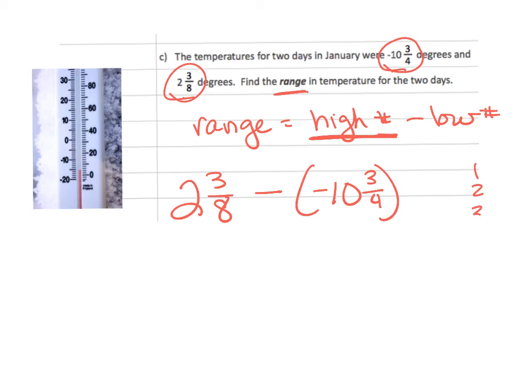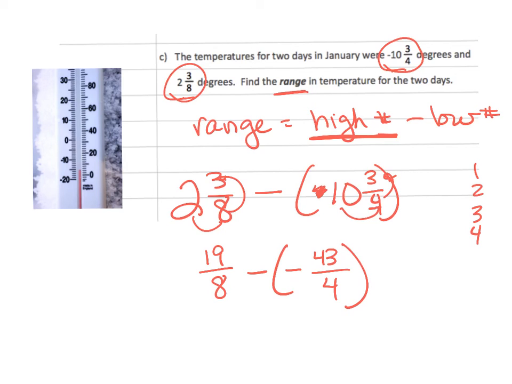Let's do our 4 steps. Let's change them into improper fractions. 2 times 8 is 16, plus 3 more is 19/8, minus, we're just going to stick that negative there. We're going to ignore it here. 10 times 4 is 40, plus 3 more, I have 43/4.